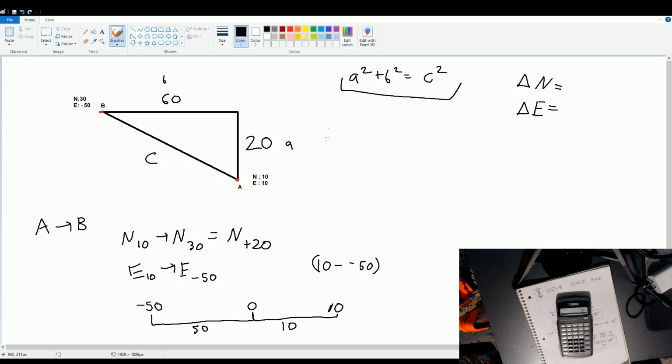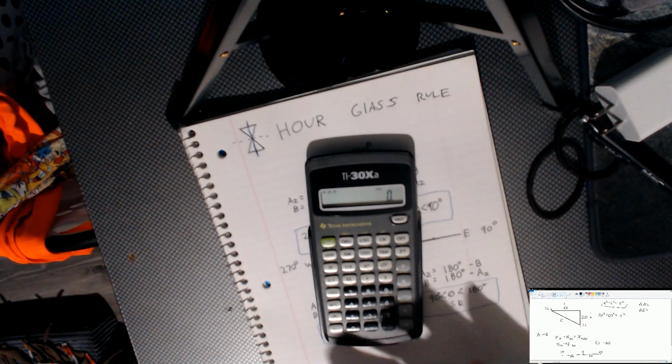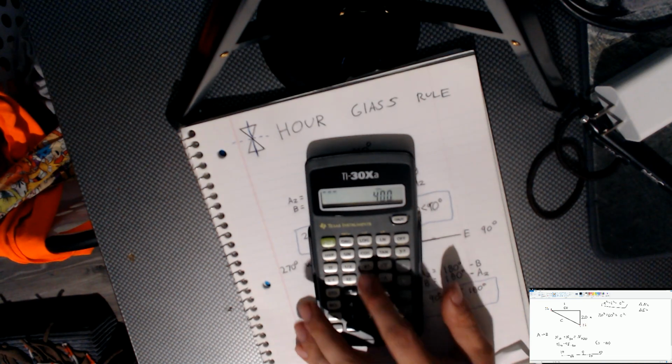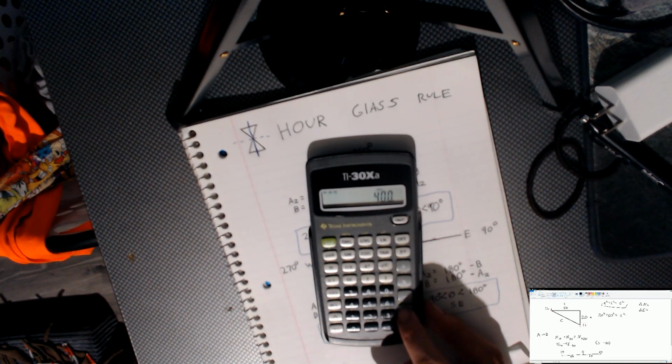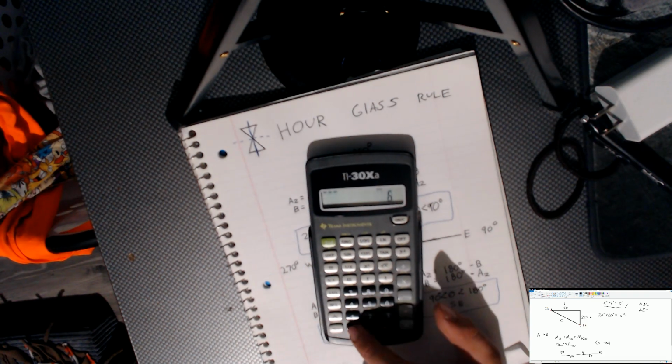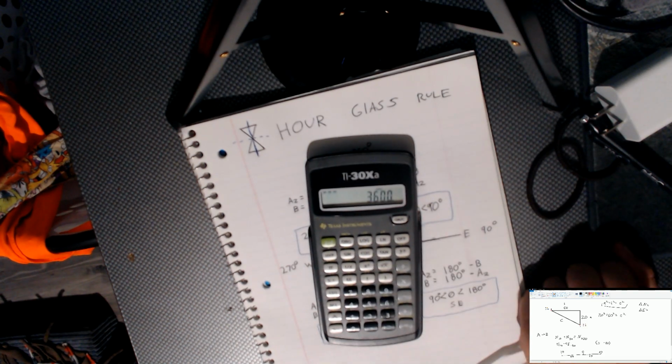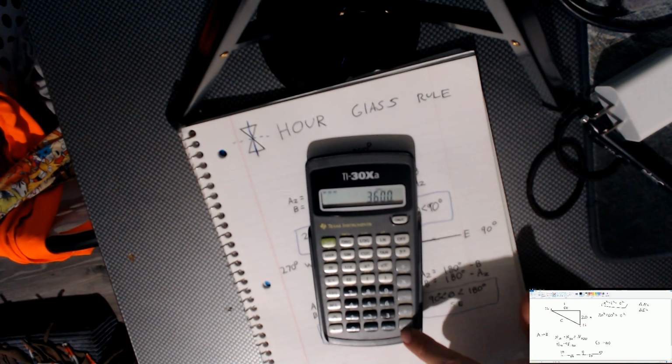So 20 squared plus 60 squared is equal to C squared again. So let's put it all back into the calculator. 20 squared, we have 400. We're going to add 60 squared, we're going to add 3,600.